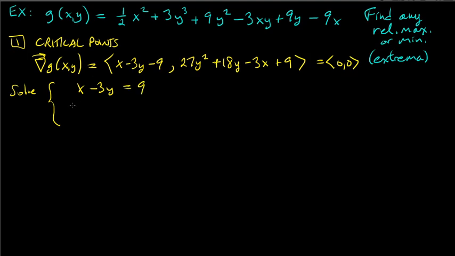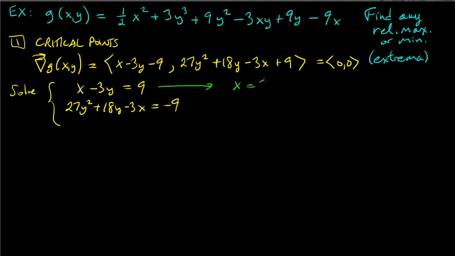And, well, here you get a negative, but that's fine. So 27y squared plus 18y minus 3x equals negative 9. Again, this is a nonlinear system because of the y squared. But substitution works fine. So I think I'll solve for x this time.